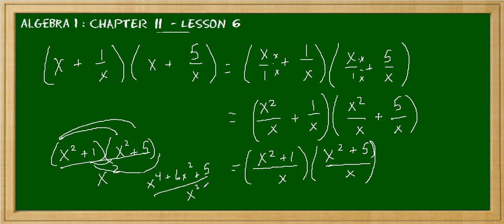We could now simplify and get x squared plus 6 plus 5 over x squared, which is example number 3. That was the answer. So you can see that both expressions are equivalent. It just depends on how you wanted it and how you work the problem out. So, okay, that is the end of lesson number 6.